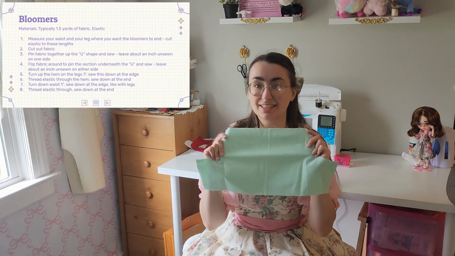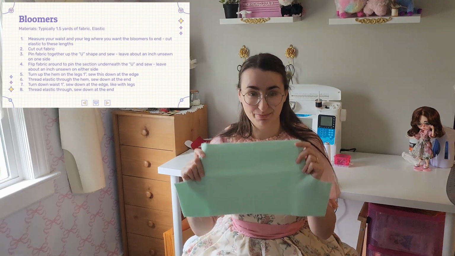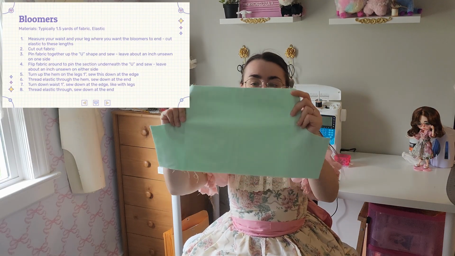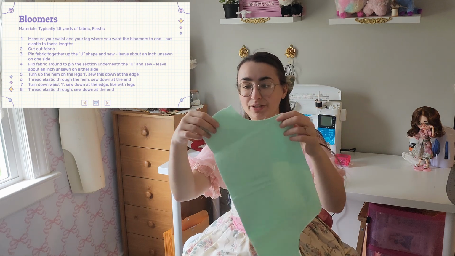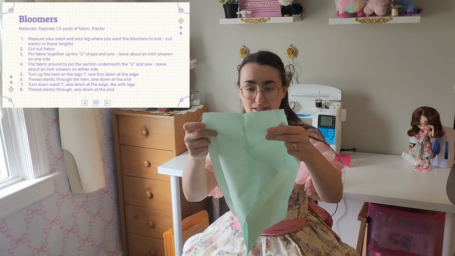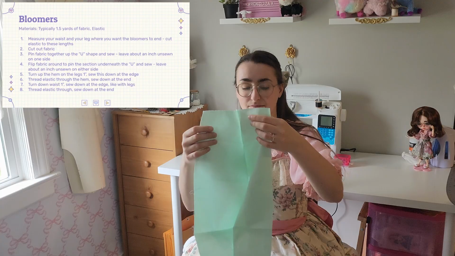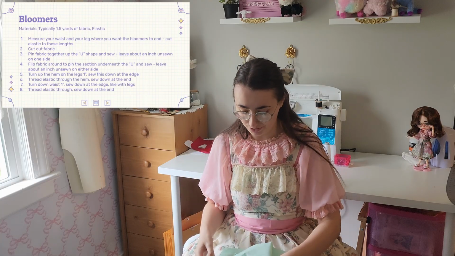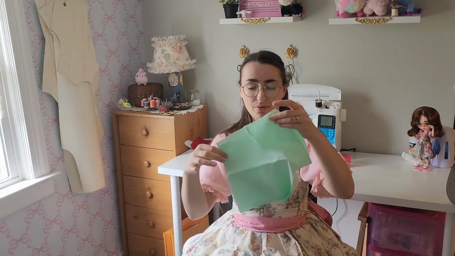And this is probably the single most difficult instruction to convey, so pay attention. You're going to be flipping this around in a slightly weird way. So you open it up the sides, and you want to pin them together like this. You want to sew across here.